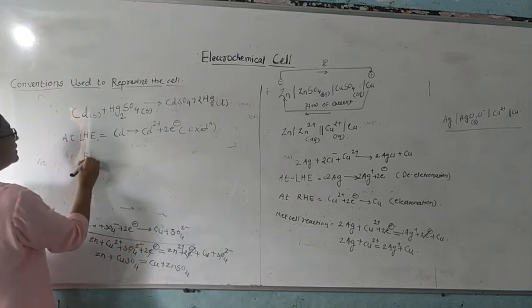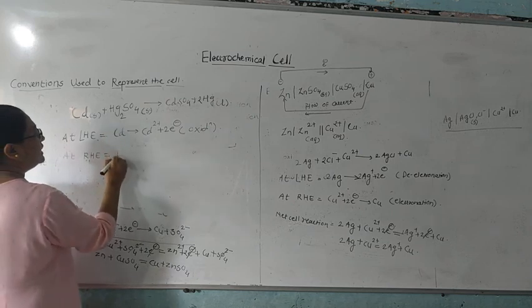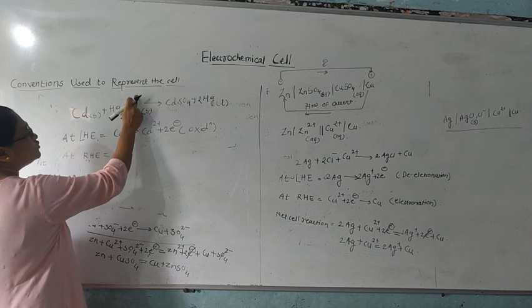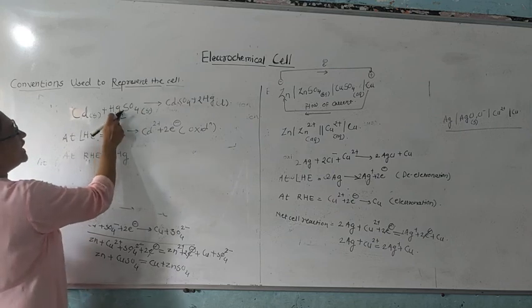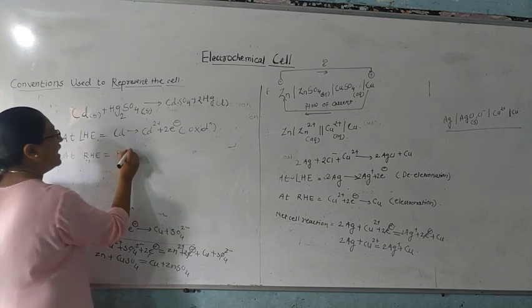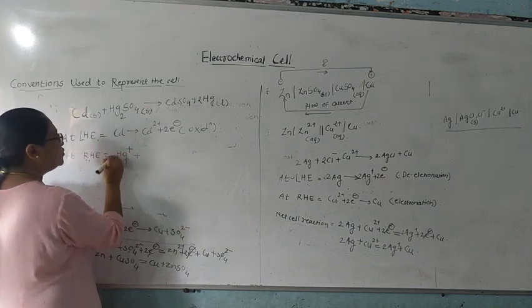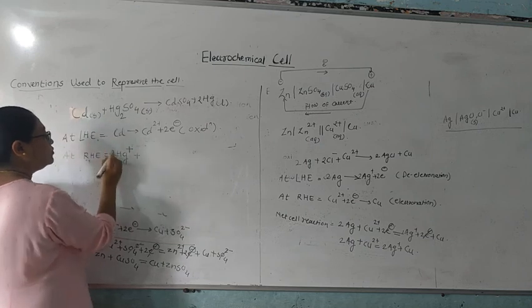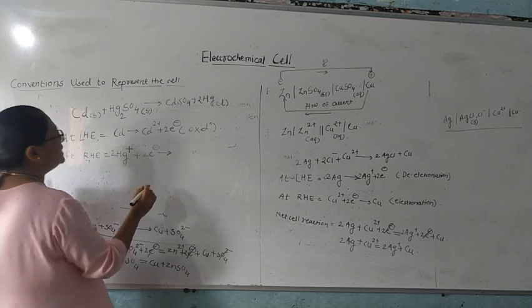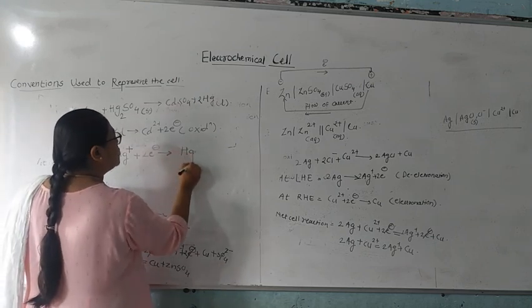And at RHE, here Hg, how much is the oxidation state? SO4 is 2 minus, so 2 Hg ions have 2 plus oxidation, that means each will have 1 plus. So 2 Hg plus ions with the 2 electrons will get converted to twice of Hg.